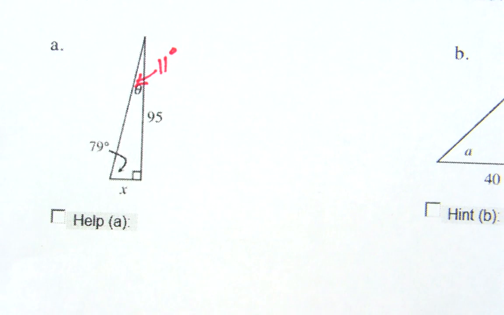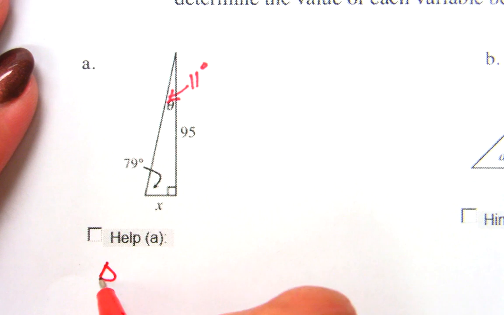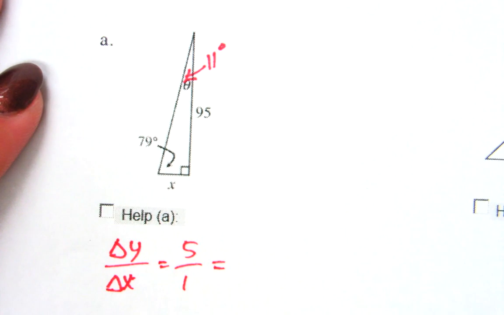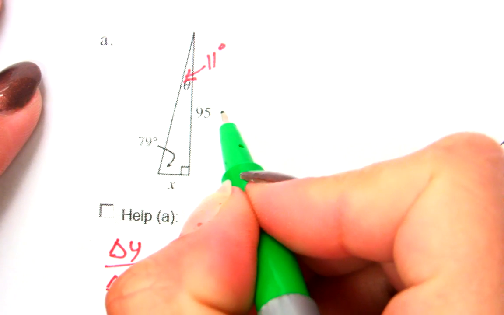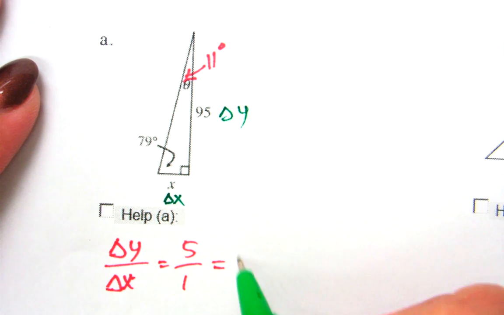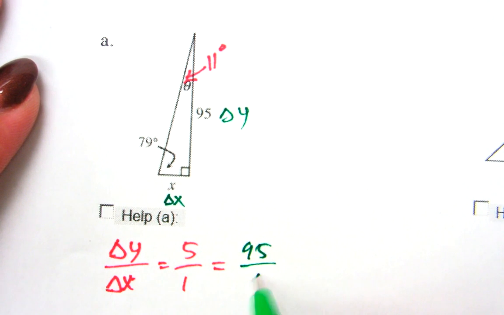So that means if I set this up correctly, change in y over change in x has to be 5 over 1. And in our problem, change in y is 95. Change in x is just x. So 95 over x.